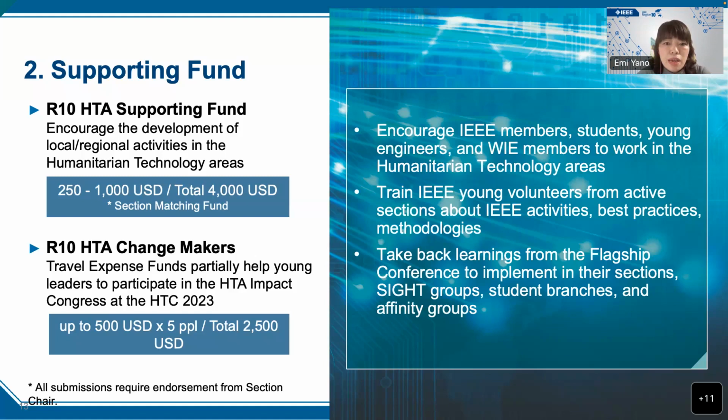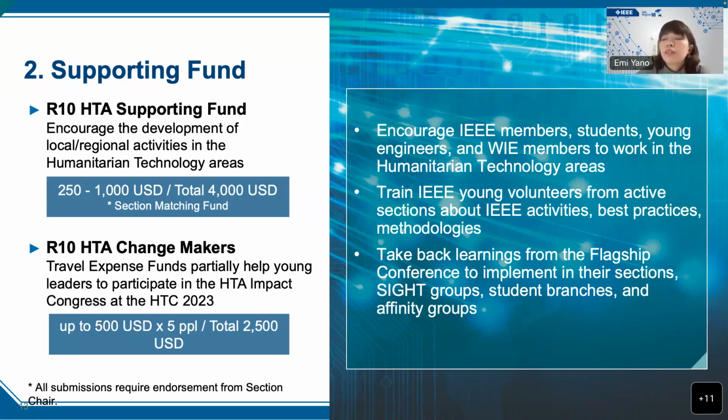The main aim of this project is identifying local community problems, developing technology solutions, and focusing on actual implementation to reach the humanitarian goals. It also provides opportunities for IEEE members and participants in Region 10 to work and cooperate with NGOs and other organizations for the benefit of advancing technology toward the United Nations SDGs in our region.